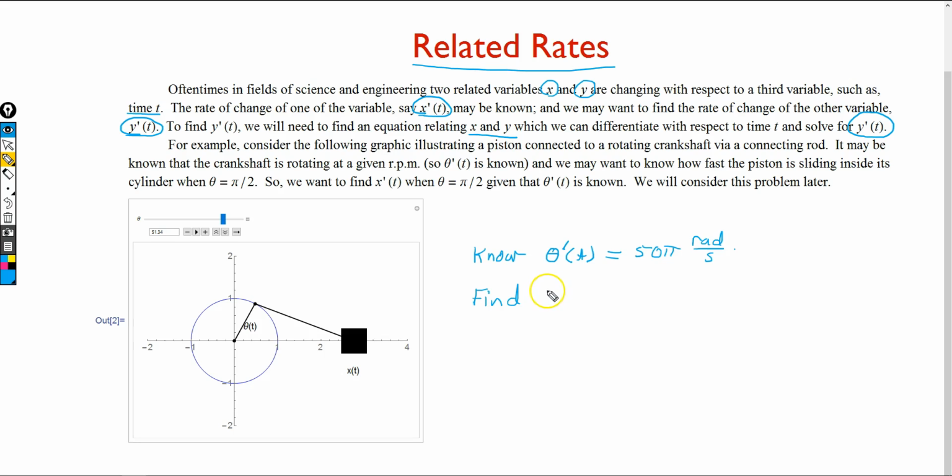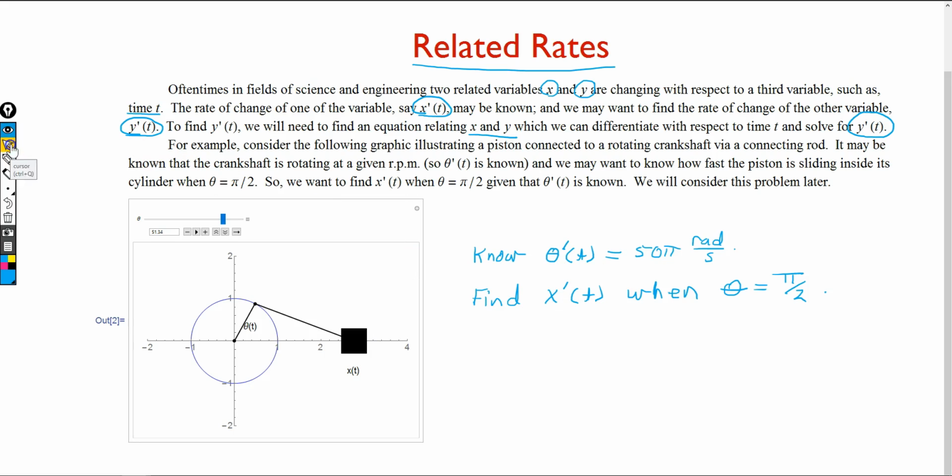So you may want to find x prime of t when theta is pi over 2. So what you would have to do is find an equation that relates theta and x, and then differentiate that equation with respect to time t, and then solve for x prime of t.